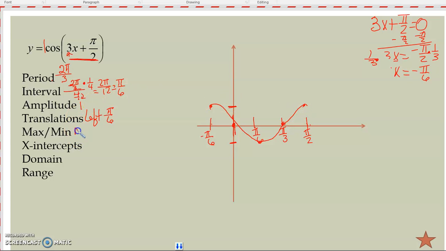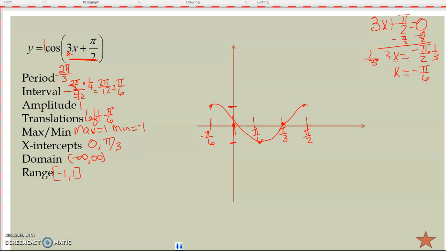Okay, our max is still 1, min is still -1, so our range didn't change. Domain did not change. And our intercepts are now at 0 and pi over 3. Okay, because we did shift and that changed our intercepts.